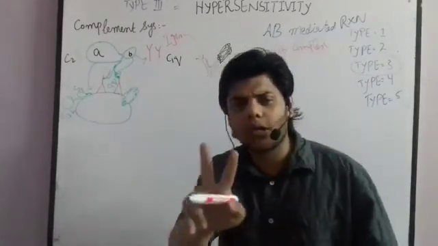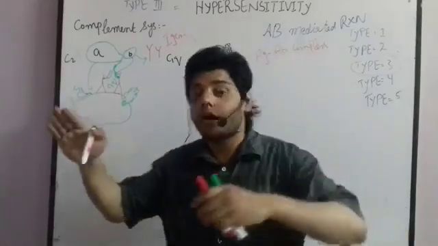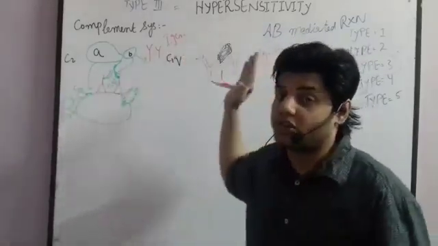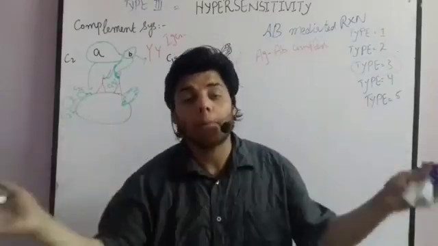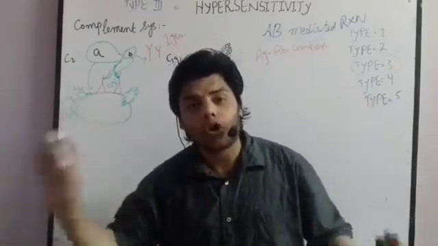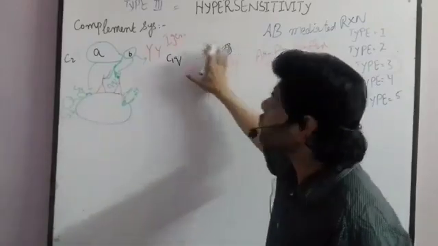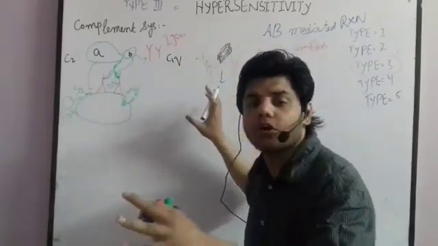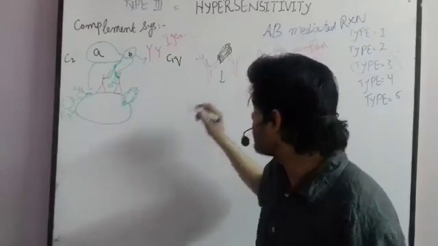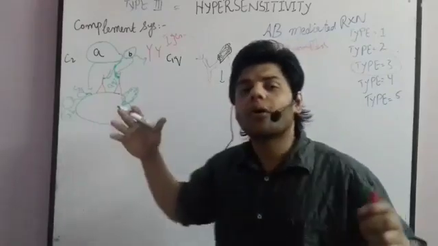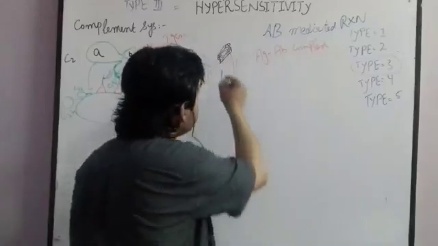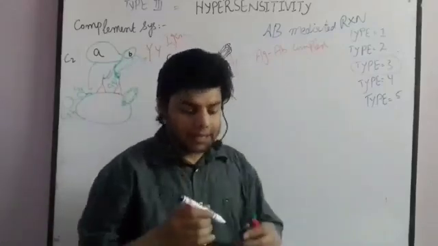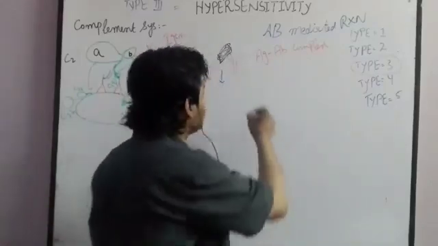Here I drew just two antibodies, but as it is a hypersensitivity reaction, a lot of IgG antibodies are activated and increased, and they make antigen antibody complexes. Each complex will settle, or we can say each complex will lodge.